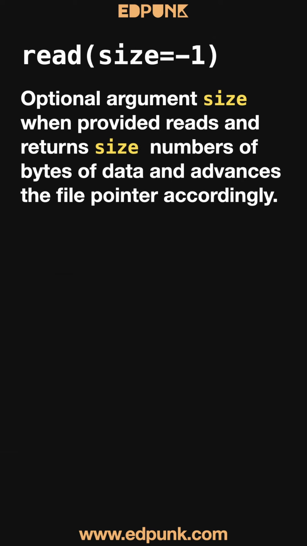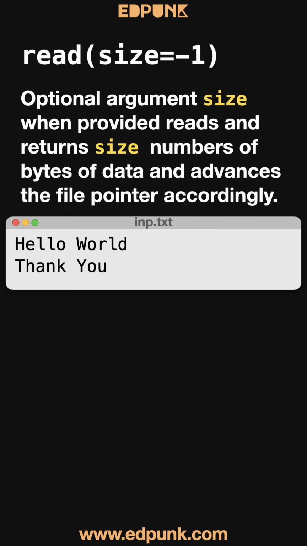When an optional integer argument size is provided to the read method, it reads and returns size number of bytes of data and advances the file pointer accordingly. Let us take the same file inp.txt containing the text "hello world" and "thank you" in two separate lines.